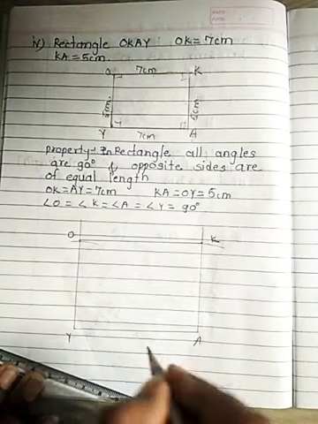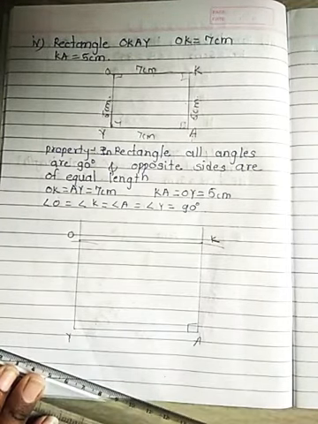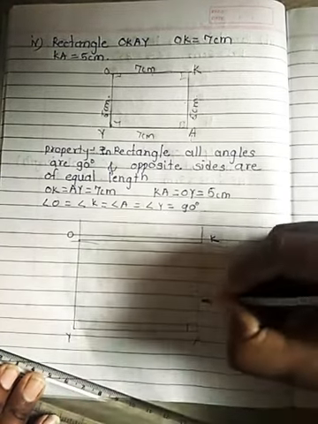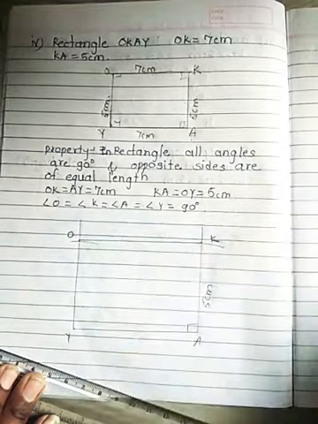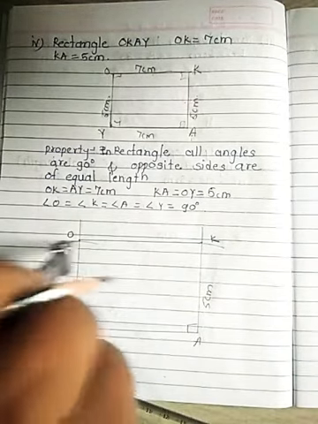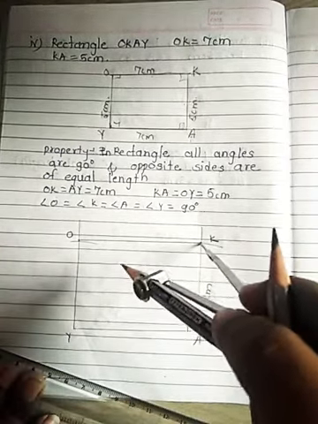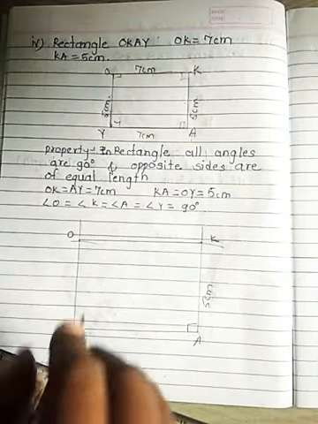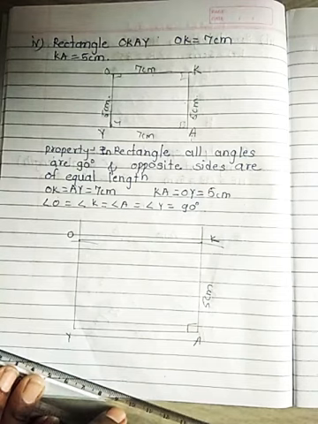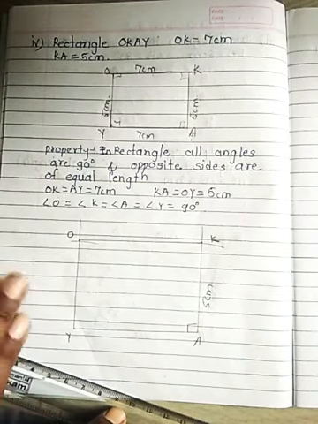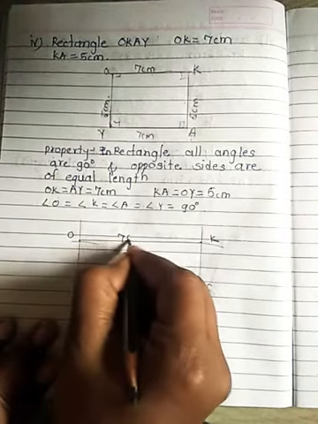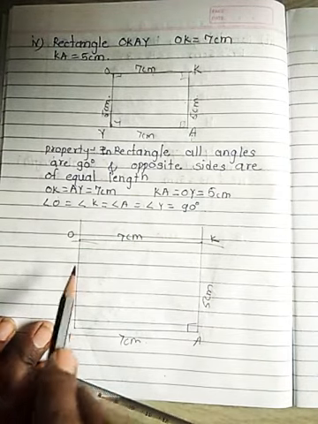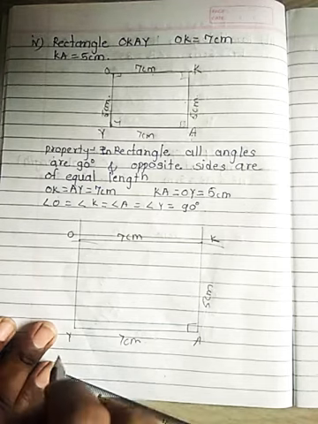Or else you can take this one angle 90 degrees and then draw this one as 5 centimeter and then 5 centimeter from here, one arc, and from here 7 centimeter another intersecting arc, like the previous example. That one also you can do. Then this one is 7 centimeter, this one is 7 centimeter, and this is rectangle OKAY.